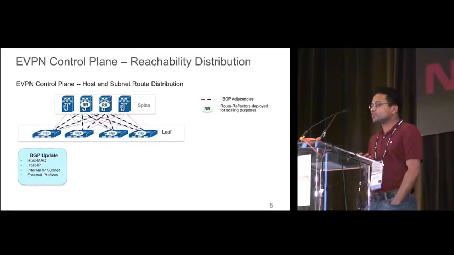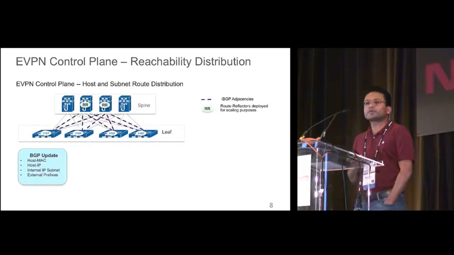Here is a brief example of an EVPN control plane. We are taking an example of a two-tier data center having spines and leaves. In the control plane, we have IBGP adjacencies between the leaves, and to reduce the scale we can use a route reflector.